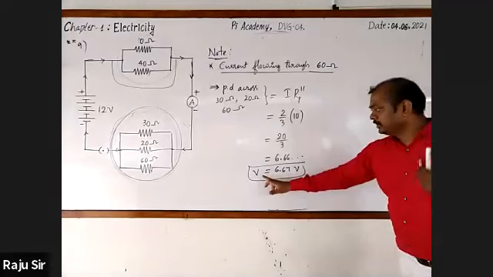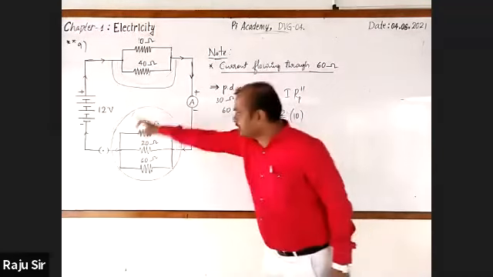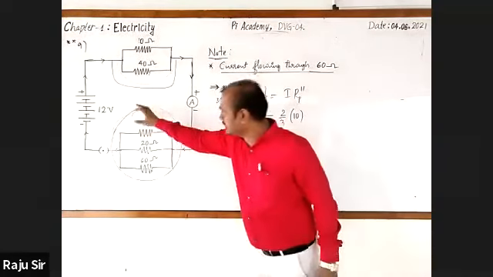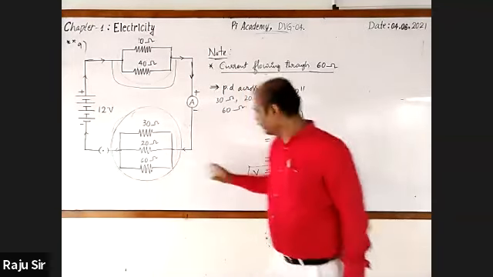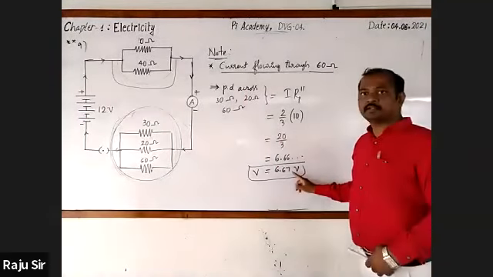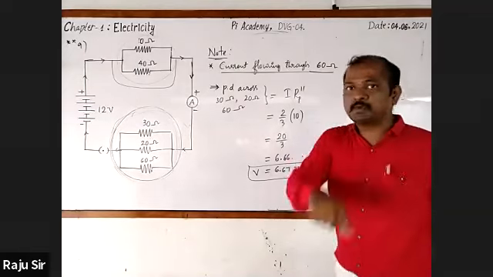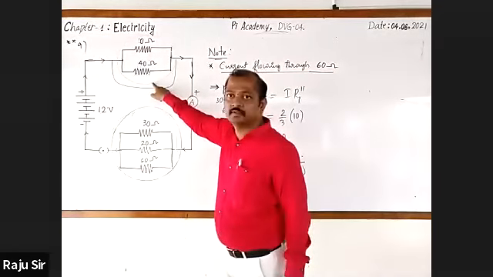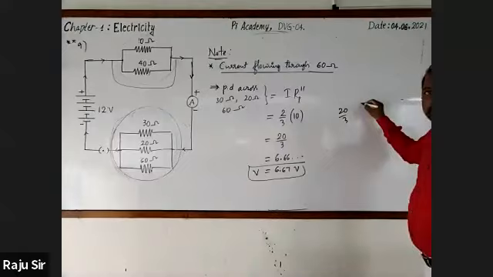Okay, listen. Voltage across the second combination is 6.67. What was the first one? Voltage across this is 16 by 3.